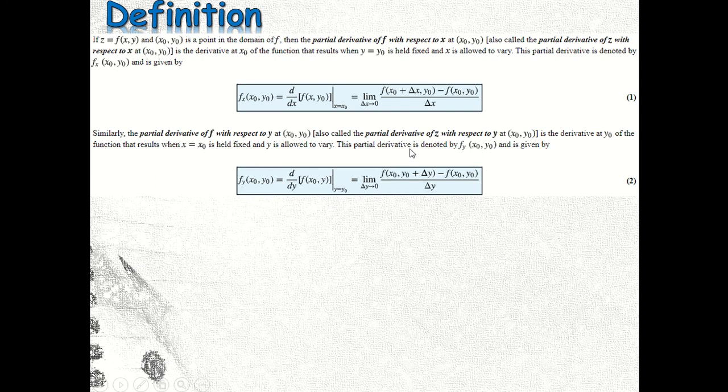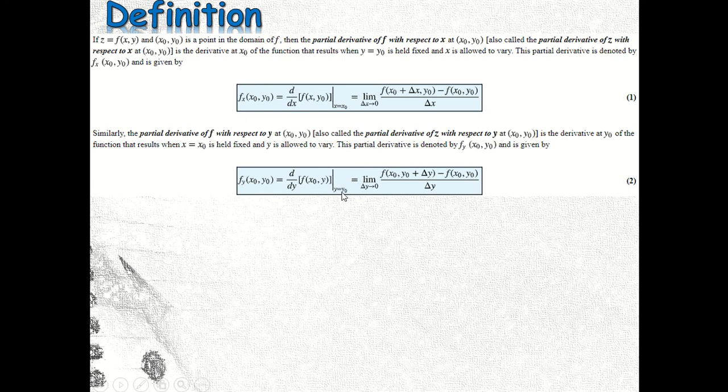So this partial derivative is denoted by f sub y of (x sub 0, y sub 0), and is given by the derivative of f(x sub 0, y) with respect to y, where y is equal to y sub 0.